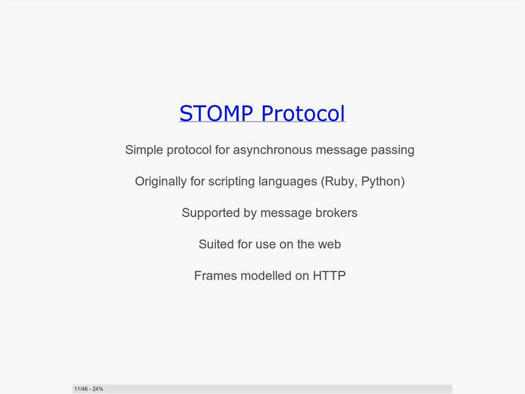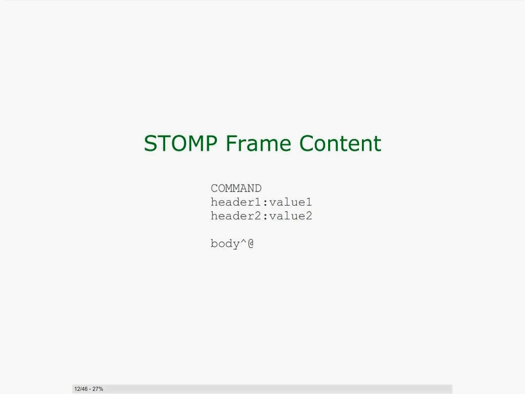The protocol itself is based on frames. It assumes running on a stateful connection like TCP, sending messages one after another. It can run over WebSocket as well. Of course, WebSocket is not much more than a stream of messages on a TCP connection. And the frames are modeled on the HTTP protocol, so they should look familiar. Here's an example of the content of a STOMP frame.